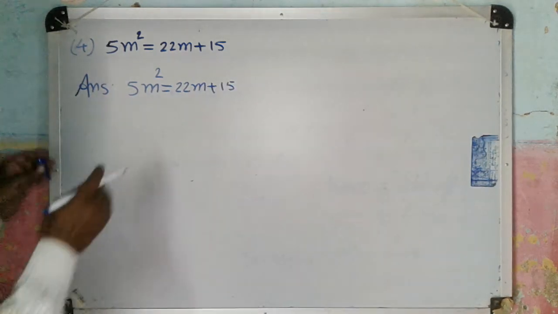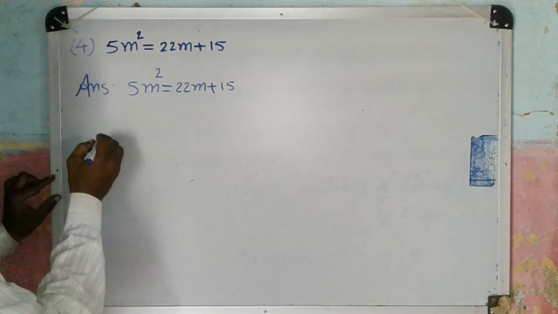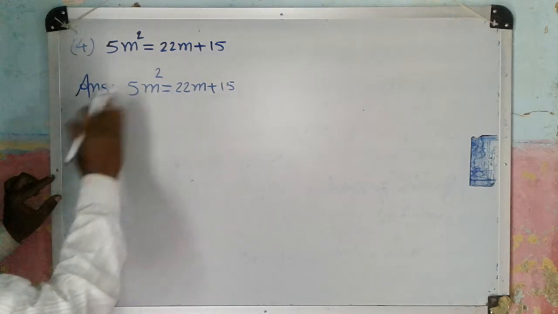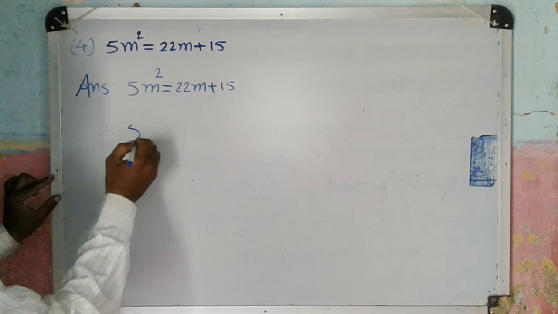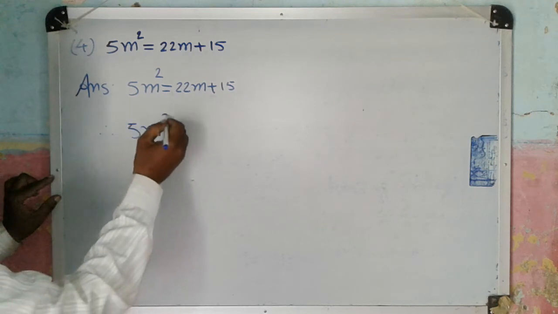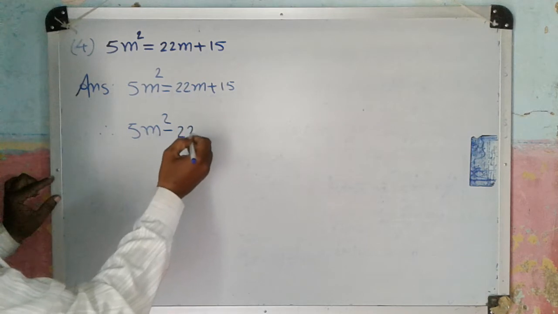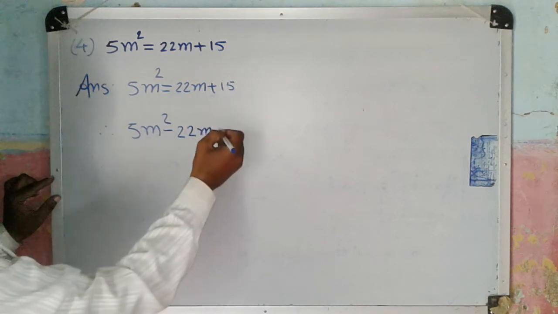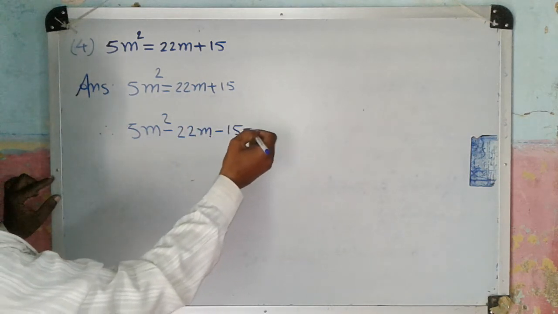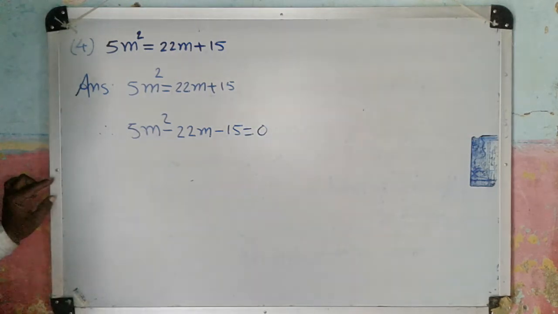First we will write this in standard form. That means take all the terms to the left hand side. Therefore 5m square minus 22m minus 15 is equal to 0.